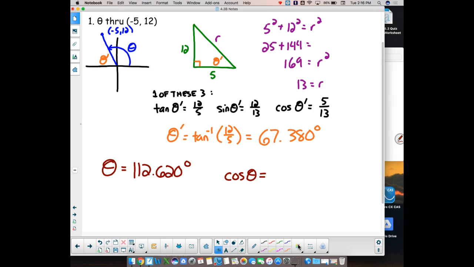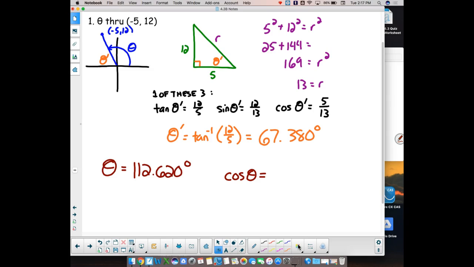You can divide by 13, right? So whatever on my circle is, I can divide it by 13, and it becomes the unit circle. Or I multiply whatever I have in my circle by a scale factor of 1/13, and it shrinks it down to be the unit circle, right? So, what's the x coordinate of the point on my circle? -5.